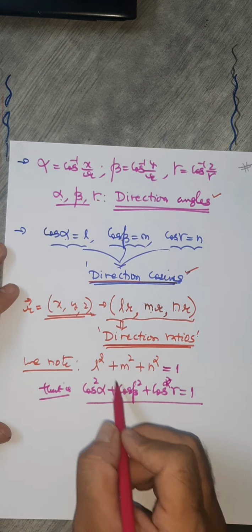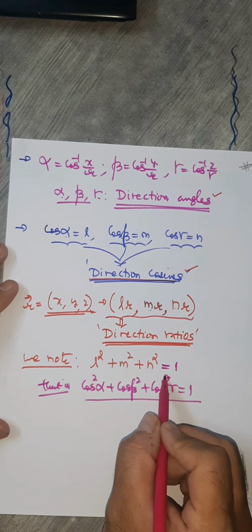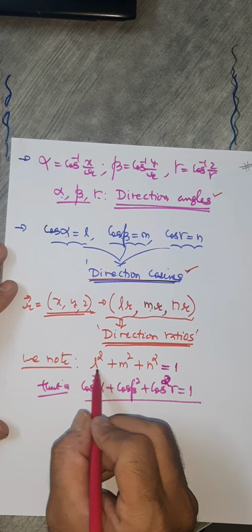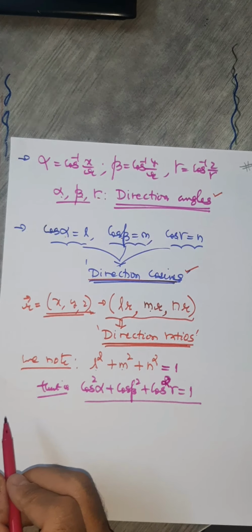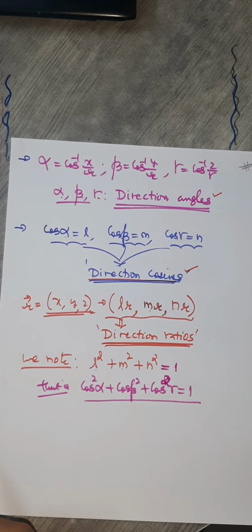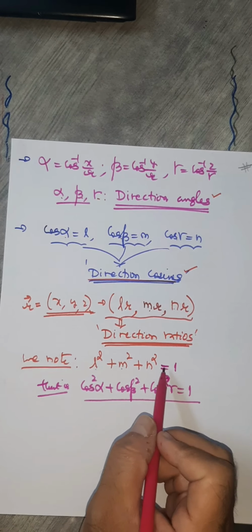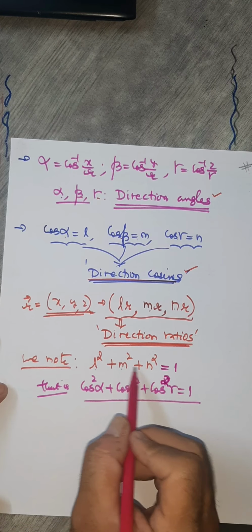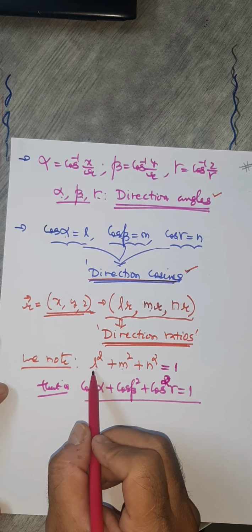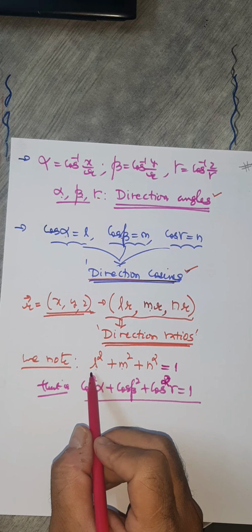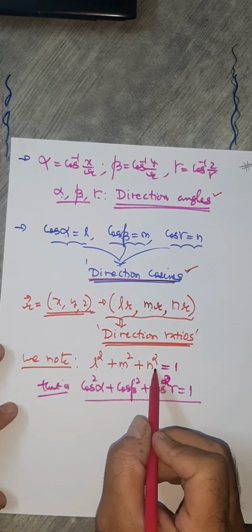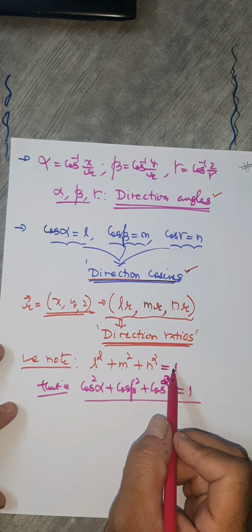Alpha, beta and gamma are direction angles, and l, m, n are direction cosines. Why is this 1? Because if you go back to the definition of l, m and n, this is simply a unit vector, so the magnitude has to be 1, remember.